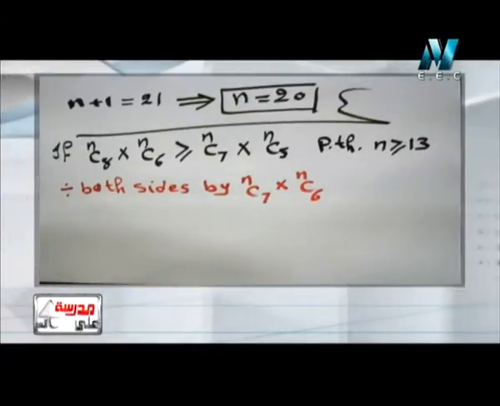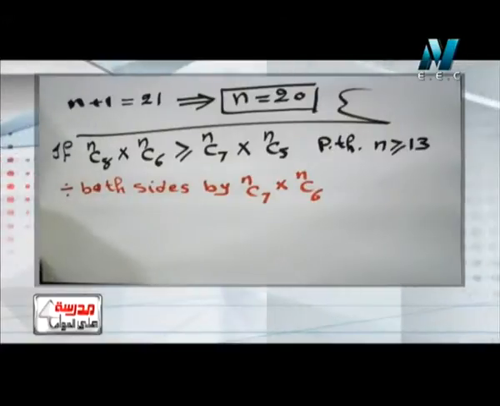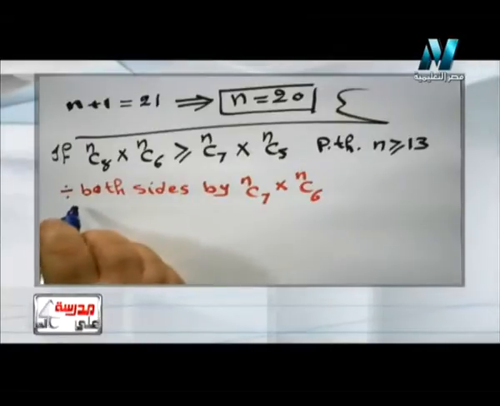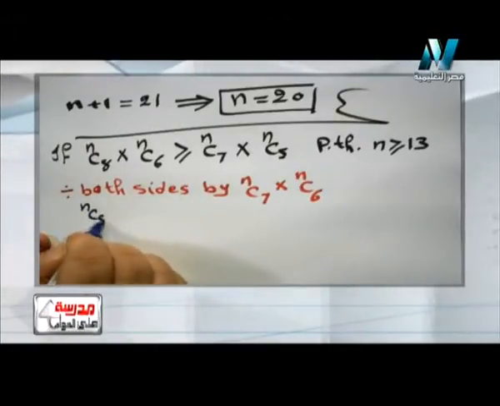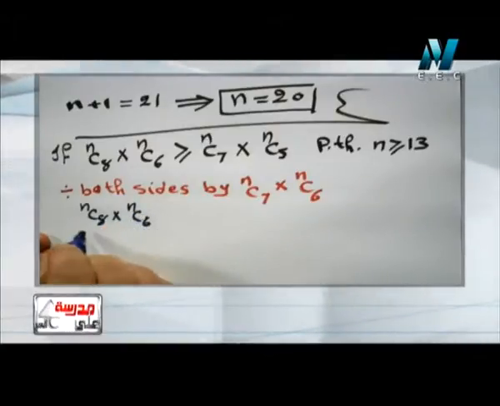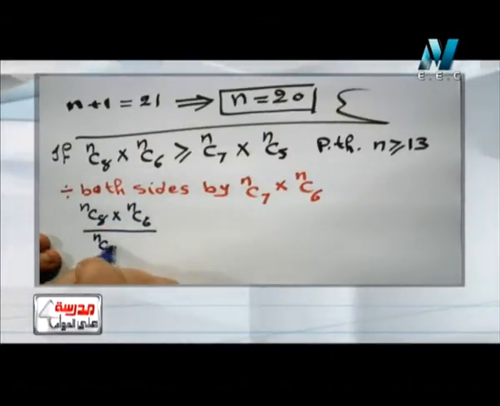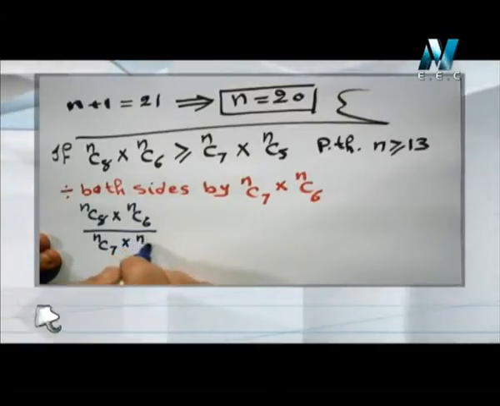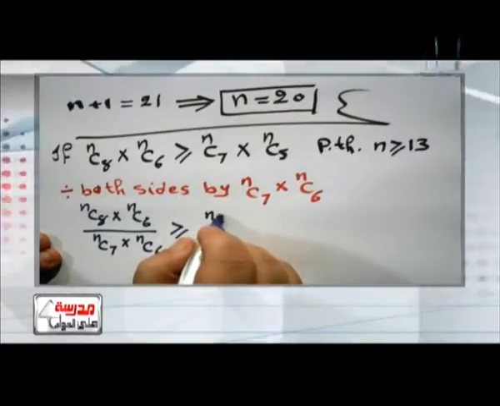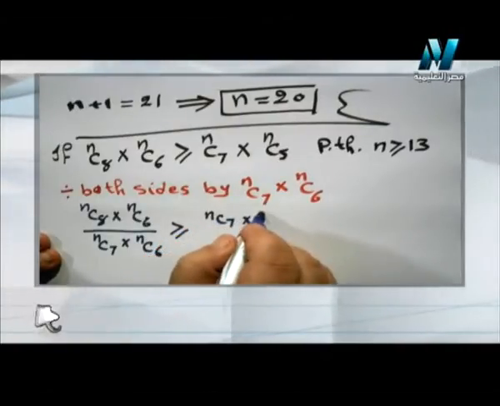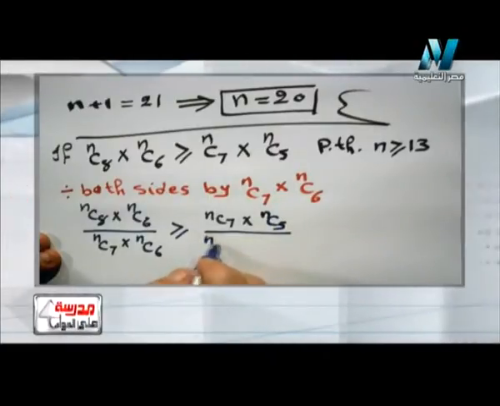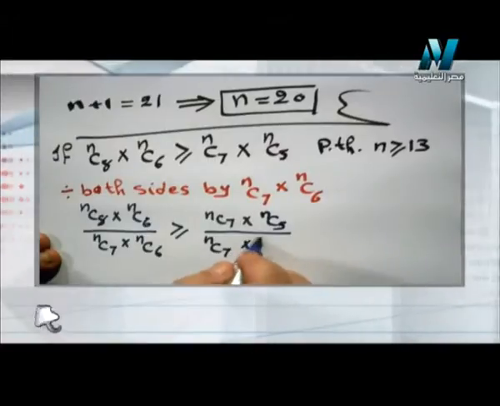Let us see, when we did the division, the left-hand side is nC8 multiply nC6 over nC7 multiply nC6, greater than or equal to nC7 by nC5 over nC7 by nC6.